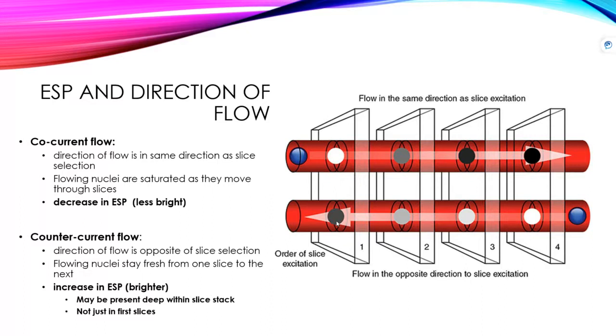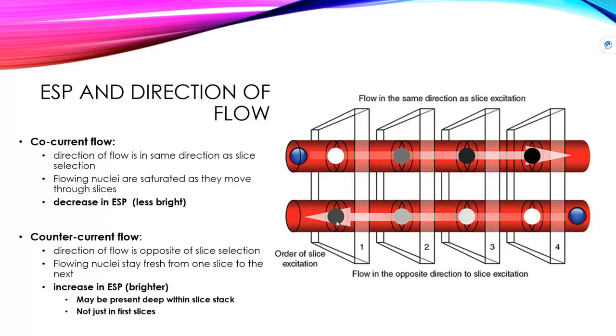So it's about which direction the blood is flowing and which direction we're acquiring the slices. If the slices are being acquired in the same direction of blood flow, you're not going to have as much of the entry slice phenomenon if they're going in the same direction, because they're going to get saturated out. And by the time we finish acquiring our slices, all of those spins have been saturated out.